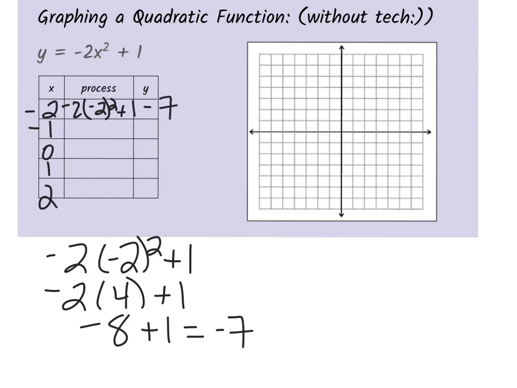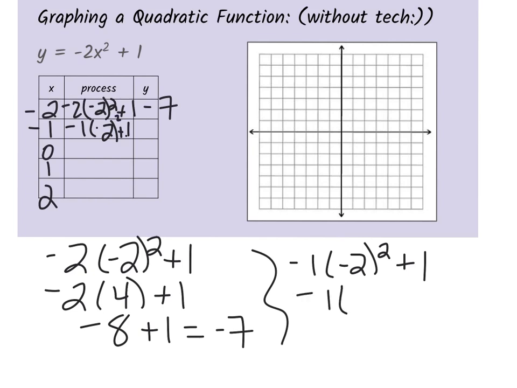Okay, so now I have negative 2 times negative 1 squared plus 1. Negative 1 squared is 1, so negative 2 times 1 plus 1.